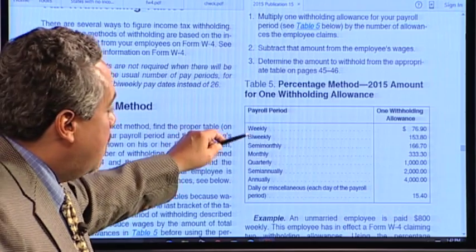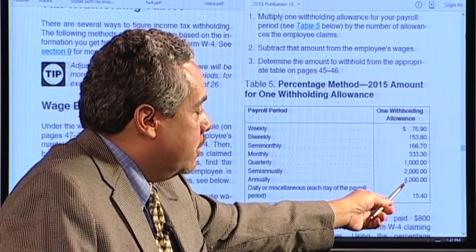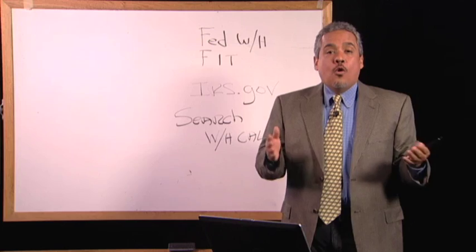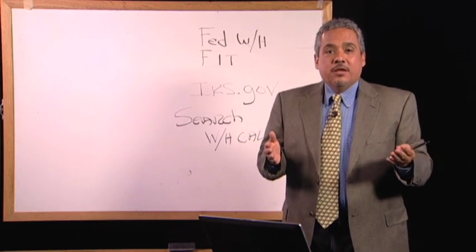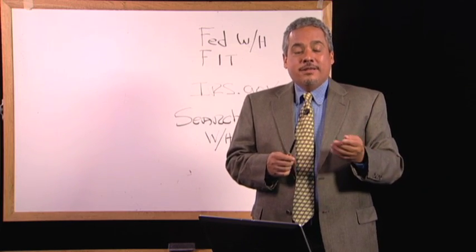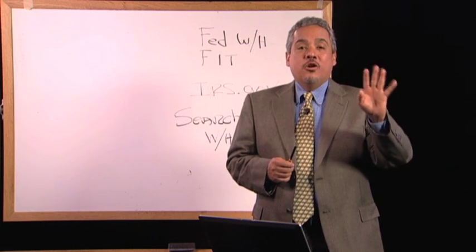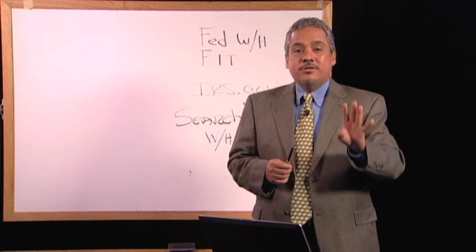So depending on how often you're paid, that dictates your allowance. And each allowance on a yearly basis is worth $4,000. So if you are married and 4, then it's 4,000 times 4, which is $16,000. That means you're not taxed on those $16,000.